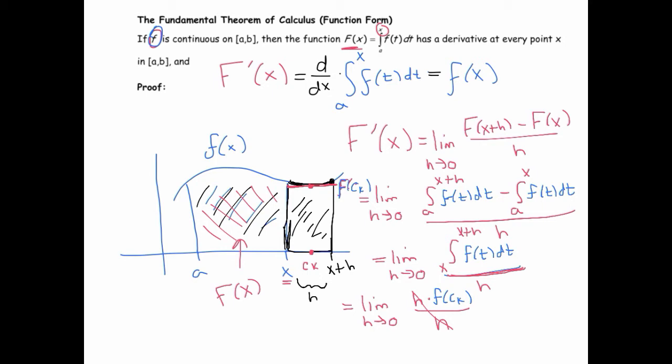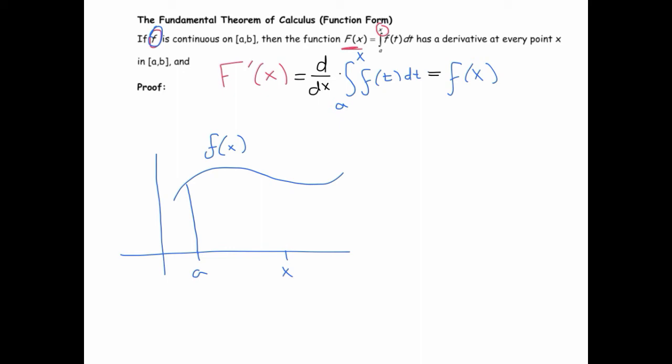But as h goes to 0, c sub k goes to x. It gets squished in between x plus h and x, pushed towards x until it becomes f of x. So this becomes lowercase f of x. Alright, so there's the proof.